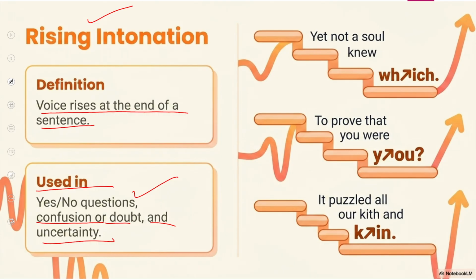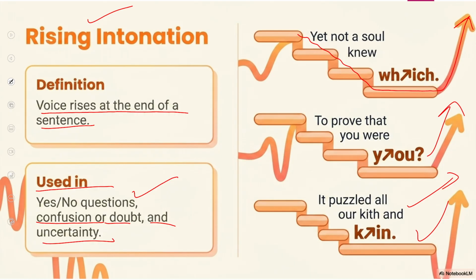This is falling intonation. You move and at the end your voice rises, right? To prove that you were you. Yes, definitely rise. It puzzled all our kith and kin. Your tone, your voice should rise at the end of the sentence. This is called rising intonation.